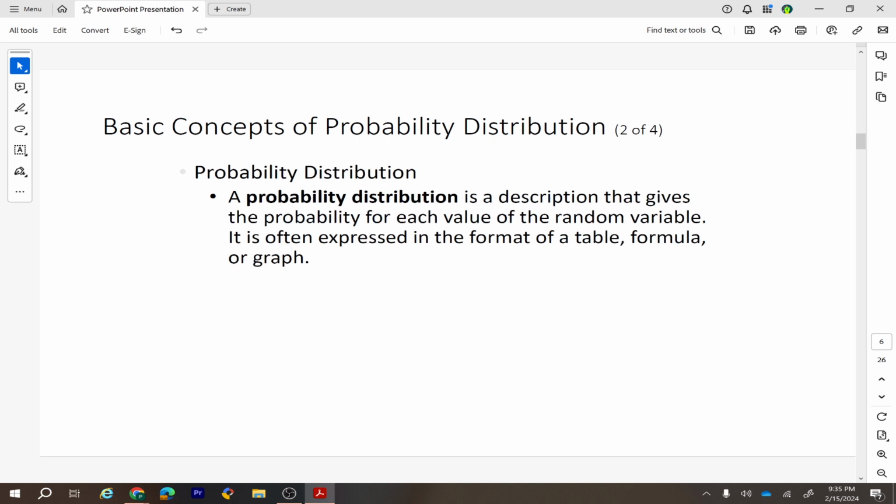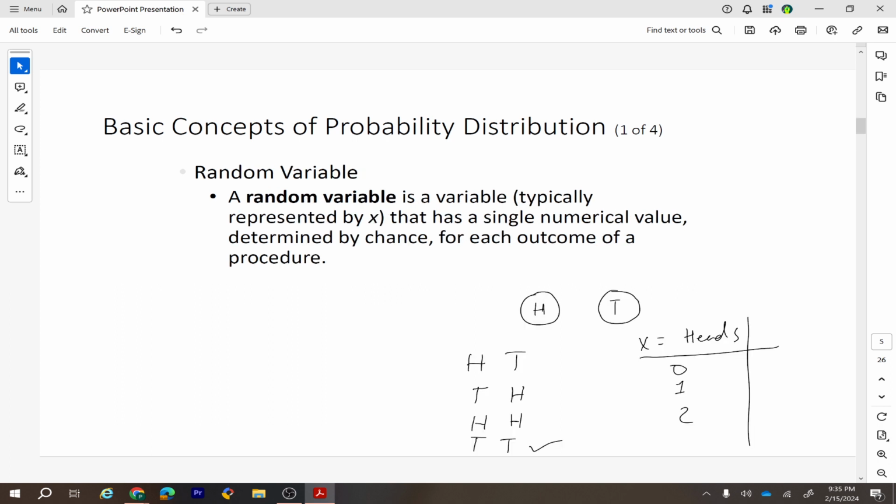And probability distribution means, if you go back to the same example, you can find the probability for different random variables, meaning what is the probability of getting 0 heads out of 2 trials? 0 heads means it's 1 out of 4. That means 25%. What is the probability of getting 1 head? These are the two cases where you might have 1 head.